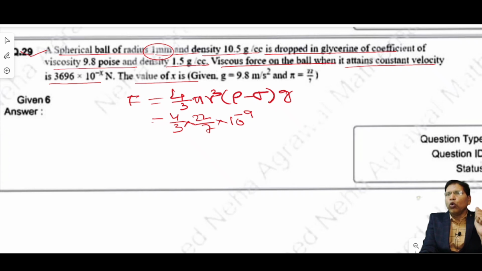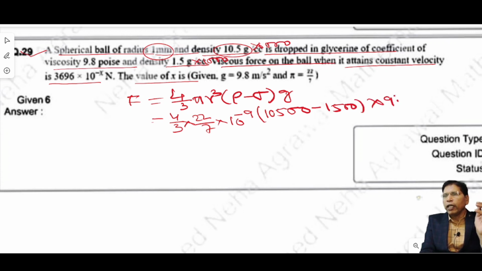Now rho means 10.5 gram per cc, which should be converted by multiplying by 1000. Therefore, this is 10500 minus 1500, into 9.8. Now look at this, this is 7 and 9.8, so this is 1.4.